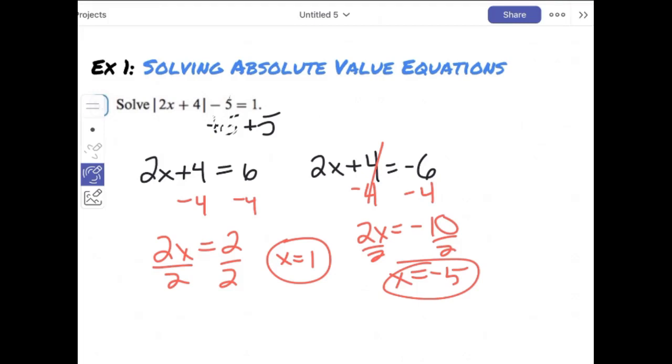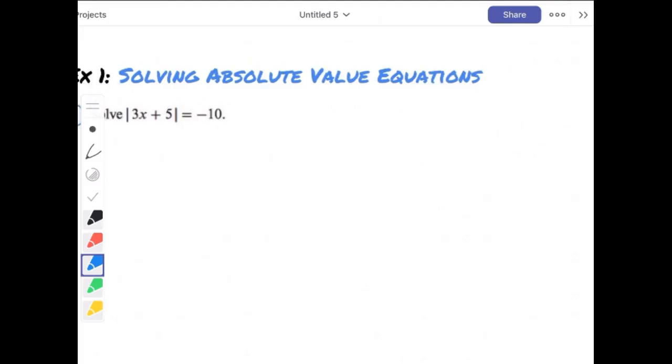So that works out. This negative 5, though, we have 2 times negative 5 is negative 10 plus 4, negative 6. This will work as well. So absolute value of negative 6 is positive 6, minus 5 is 1 again. So these both work. Remember to check for your extraneous solutions.